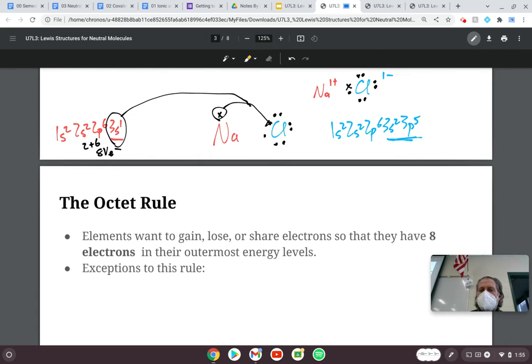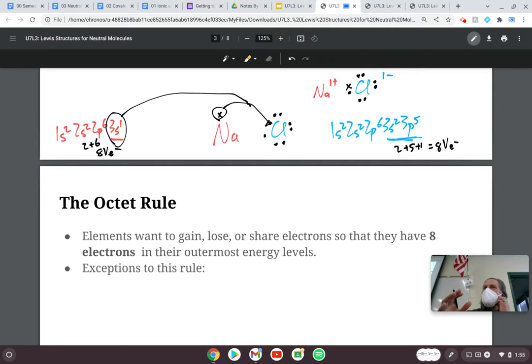And then chlorine gained an electron, so now it has 2 plus 5 plus 1, so it has 8 valence electrons. And that is the entire point and purpose behind atoms bonding with one another: for them to get 8 valence electrons.